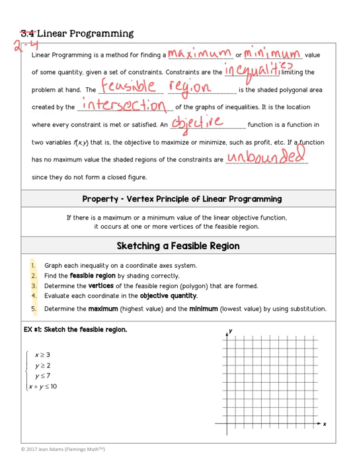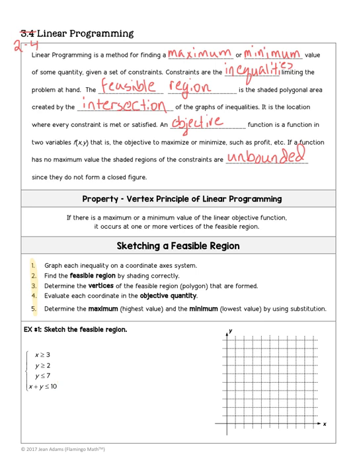So the first thing that we're going to do is graph each inequality. As you can see down here, these are going to be your constraints. Actually, all of these are your constraints. They are the ones that are going to create that thing that we call the feasible region.